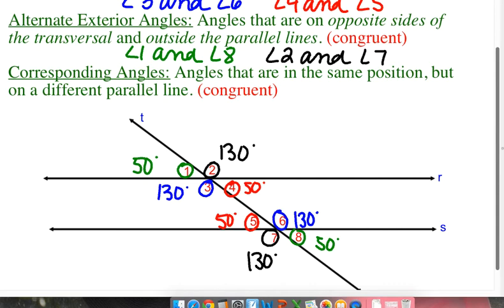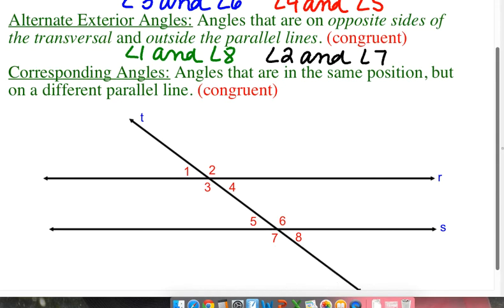Now, the last definition is for corresponding angles. Okay, I'm going to erase my design here and show you what corresponds with what. So when we talk about corresponding angles, we're comparing this group of angles to this group of angles down here. And I'm looking for angles that are in the same position as each other, but they're in different groups.